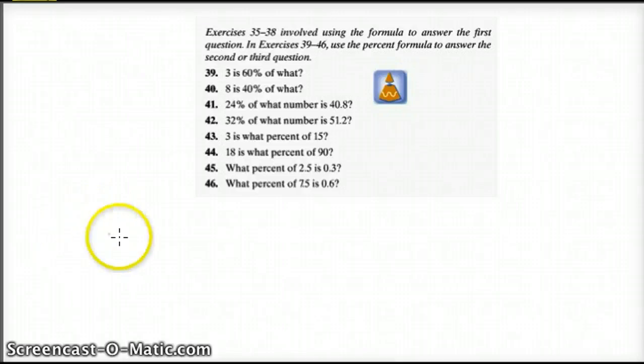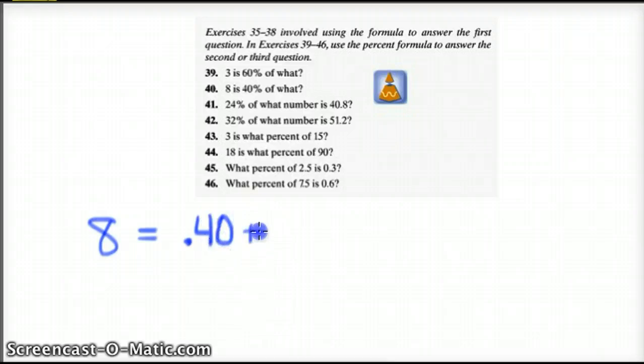Let's look at 40. 8 is 40% of what number? Now, all you're going to do is get rid of the 0.40 that is sitting next to the B. So you're going to take your calculator and you're going to go 8 divided by 0.40, which is 20.